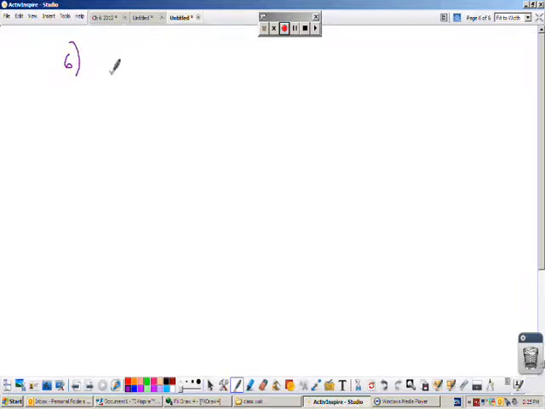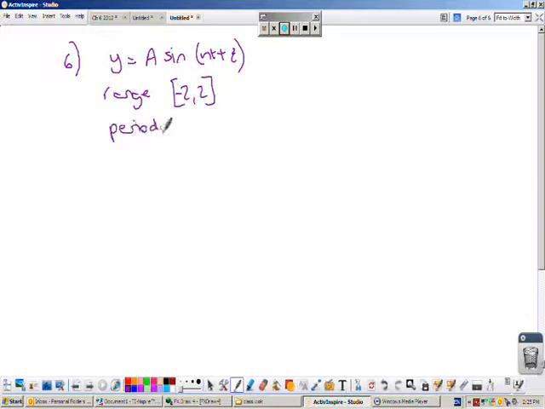Okay, question 6, another sine graph. Right, we're given a range of -2 to 2. And the period is 6. And we're also told that there's a point on the curve, and that point is 1, 1.